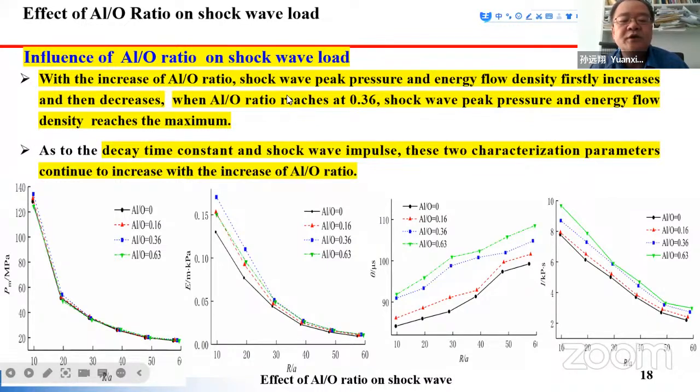When the ratio reaches 0.36, the shock wave peak pressure and the energy flux density reach the maximum. And as to the decay time constant and the shock wave impulse, these two parameters continue to increase with the increase of the ratio.